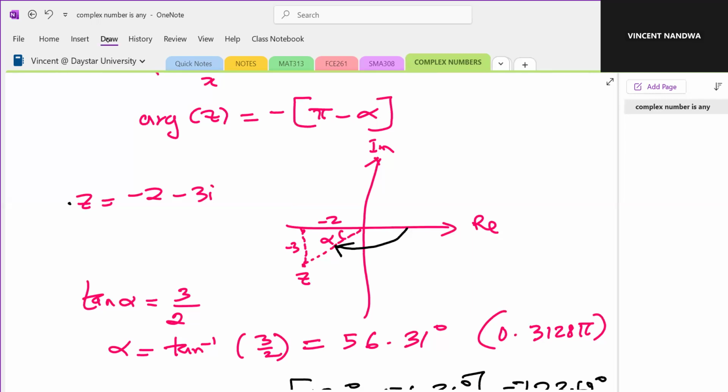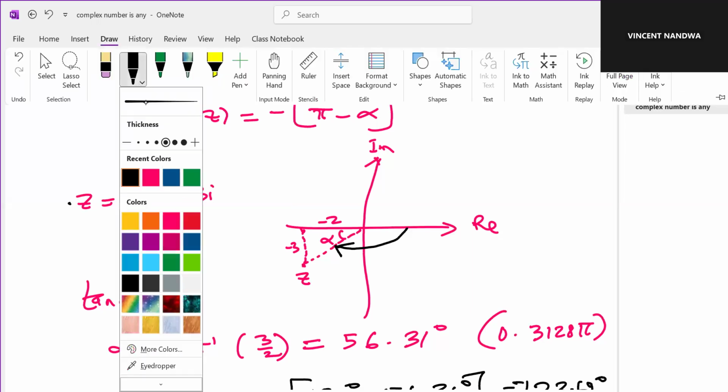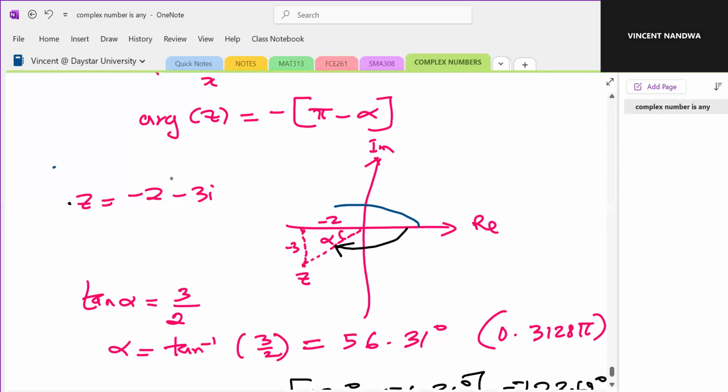And please note that if you are to keep the angle positive, then remember you'll be interested in the size of this angle here. This one will be the same as 180 degrees plus 56.31 degrees.